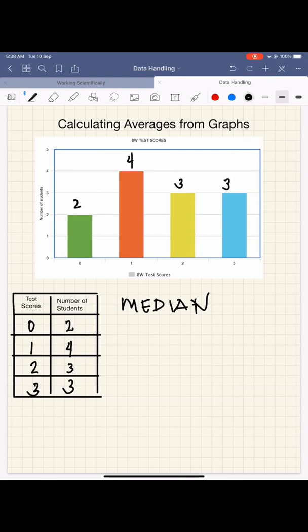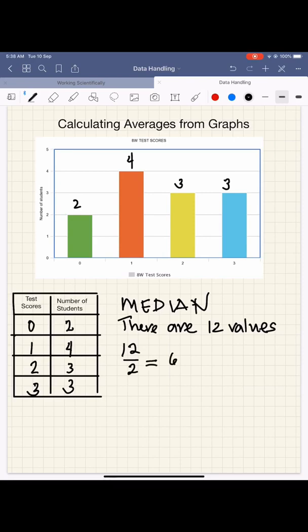We know that there are 12 values. So let's do 12 divided by 2 because we want to look for the middle, the halfway point, equals 6.